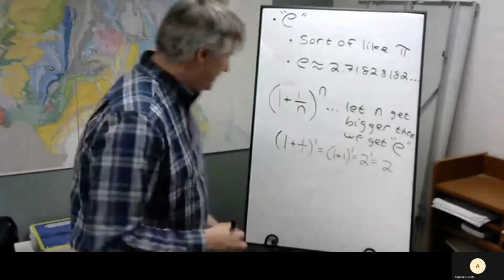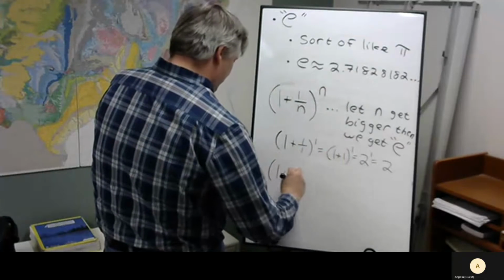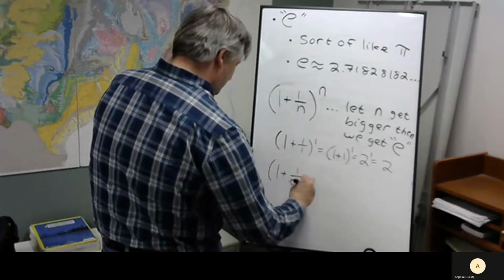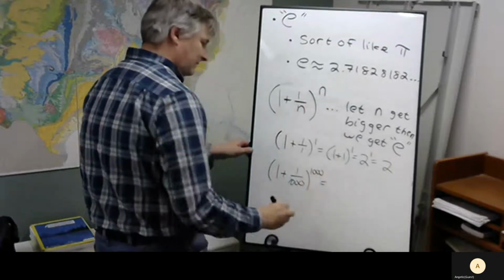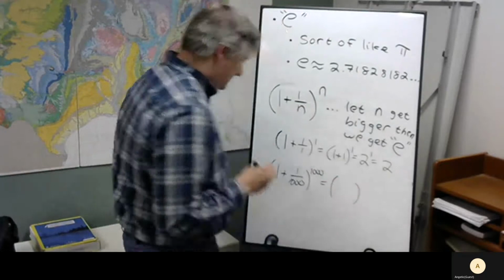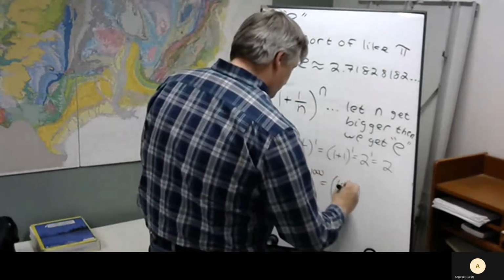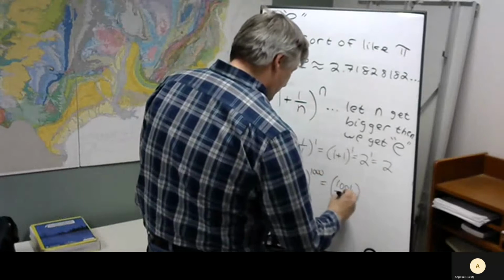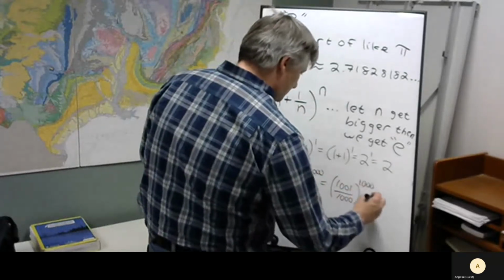So let's let n be 1,000. That will be 1001 over 1,000, to the 1,000.